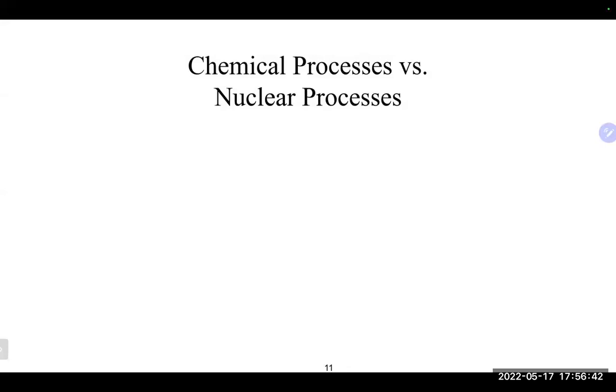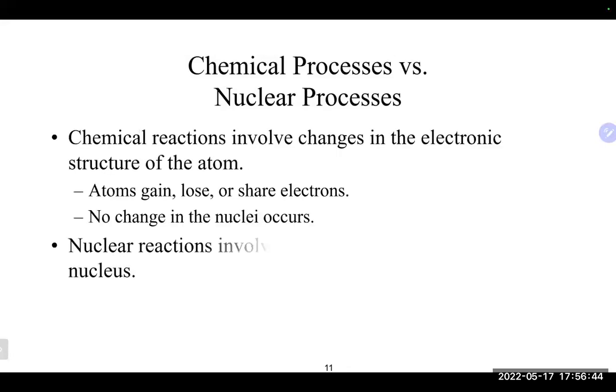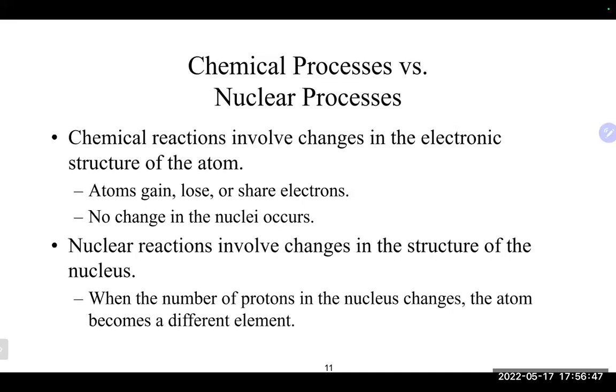So let's talk a little bit about the differences. We sort of alluded to some of the differences here between the chemical process and a nuclear process. As we talked about earlier, chemical reactions are all about breaking bonds and making new bonds, which is all electron driven. So we really don't touch anything in the nucleus. And again, that's why when we balance regular chemical equations, we do have that conservation of the elements on each side. If you start with 4 carbons, you should end with 4 carbons and so forth.